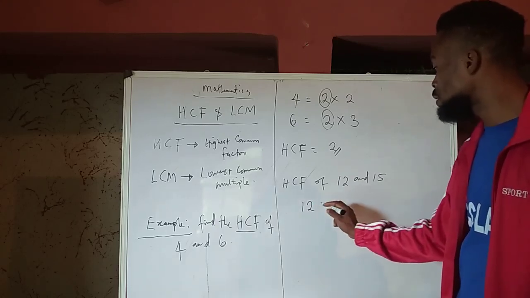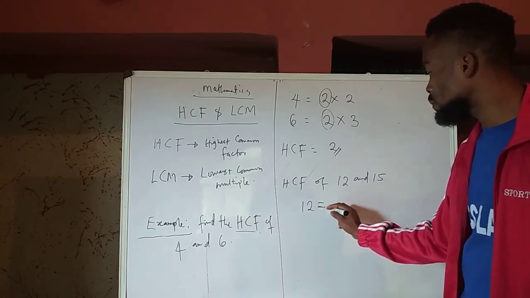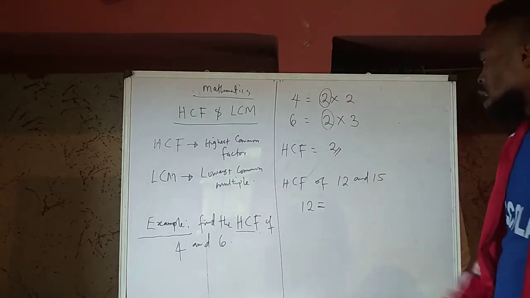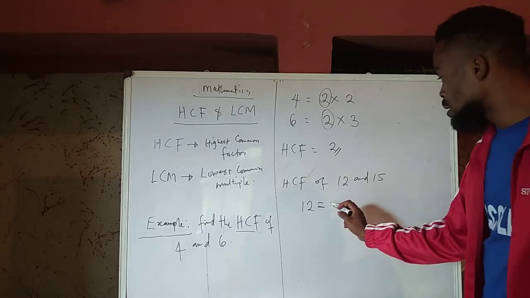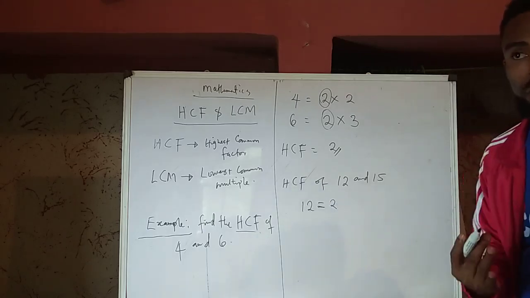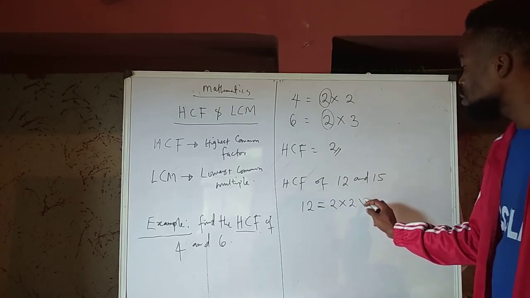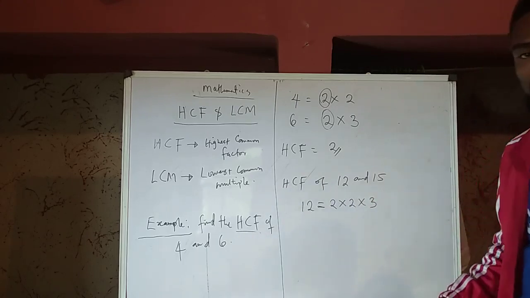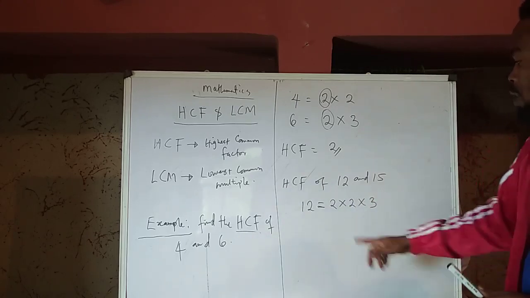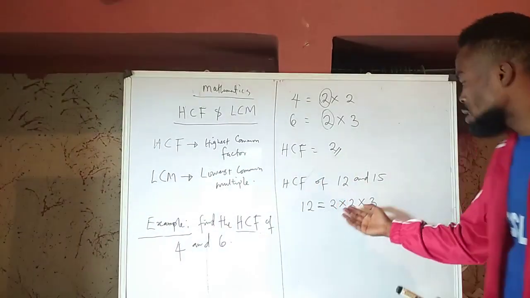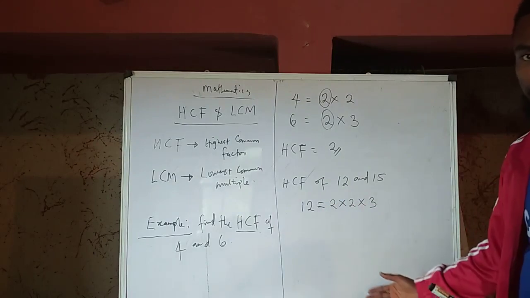The factors of 12 in terms of the prime are 2 times 2 times 3. Of course, I've told you how to do that. In terms of the prime, the factors could be 2 times 6, but 6 is now 2 times 3.